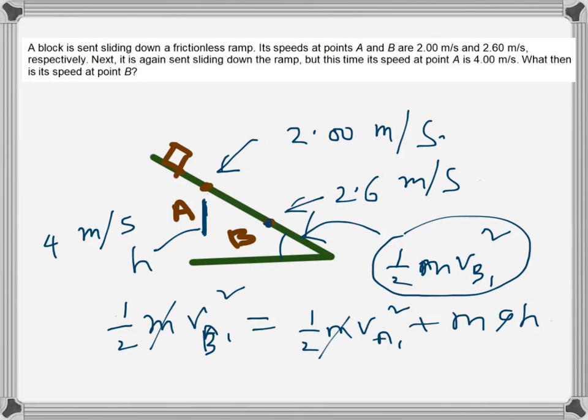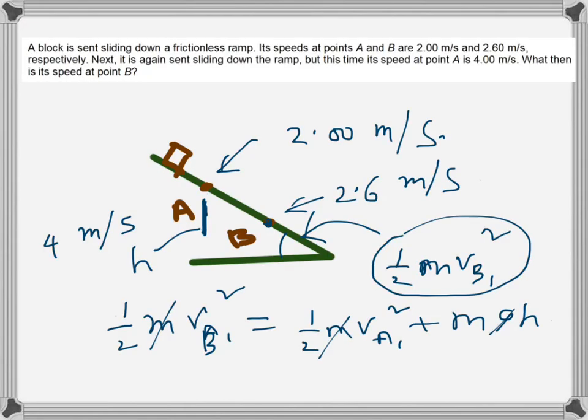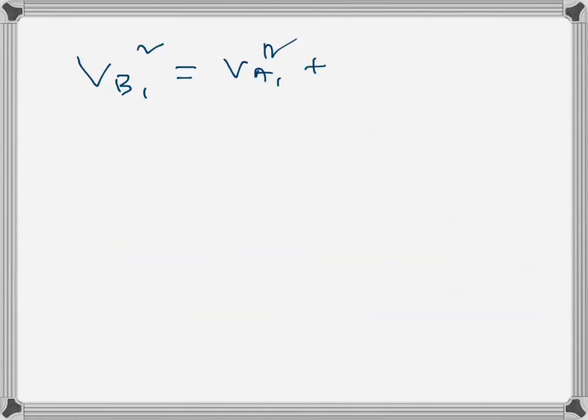We can cancel all the m's, and multiply both sides by 2, so it becomes VB1 squared equals VA1 squared plus 2gh. So 2gh is VB1 squared minus VA1 squared.